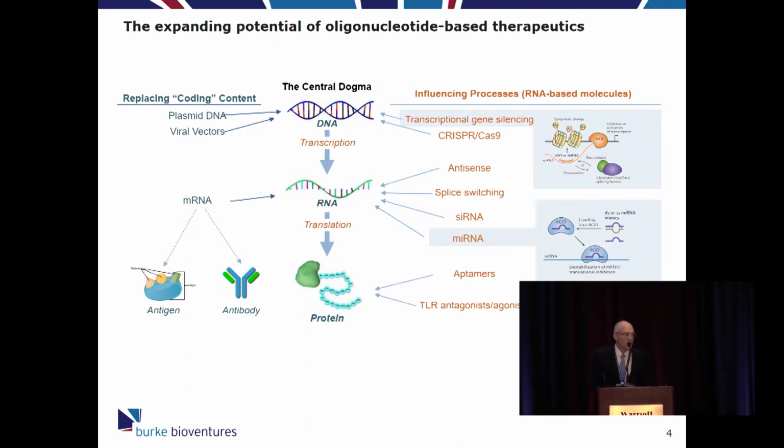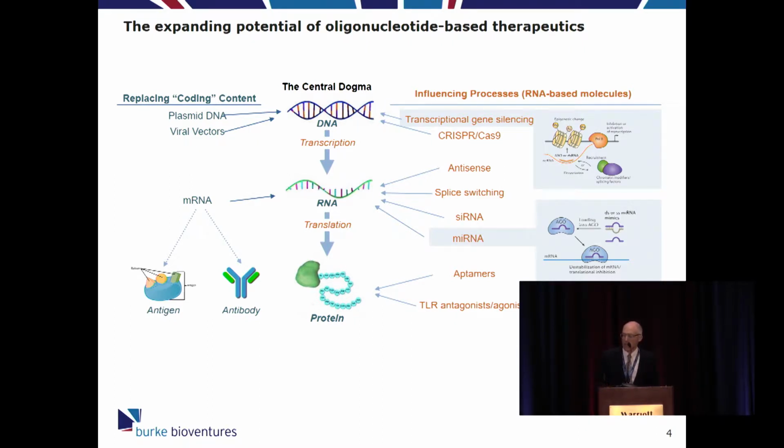The promise is tremendous. You saw this in a slightly different format in Mano's slide, and I think it's helpful to look at the central dogma as kind of an orienting principle to appreciate the vast opportunity that is presented by RNA therapeutics, oligonucleotide therapeutics.